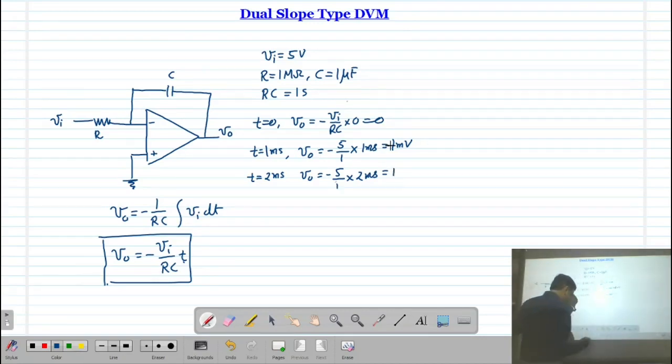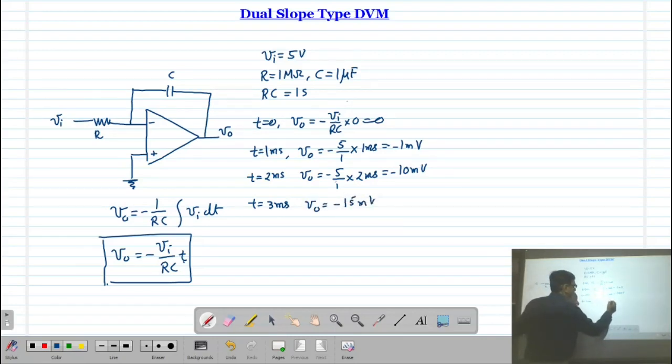Remember, I forgot to write this negative sign. So this is minus 1 millivolt, and this is minus 10 millivolt. Then in the same way, for 3 milliseconds, the output voltage comes out to be minus 15 millivolt. Correct? 5 into 2 is 10, 5 into 3 is 15 millivolt.